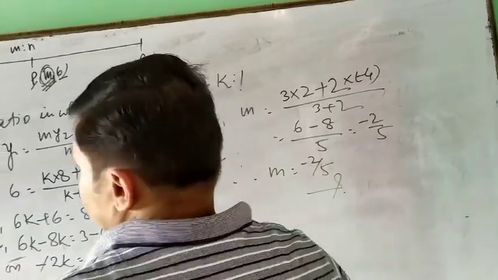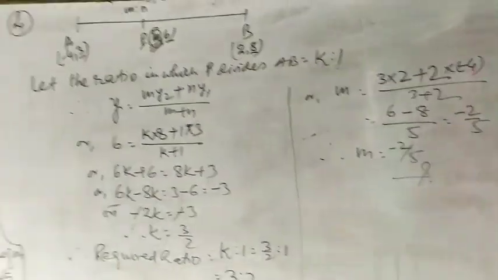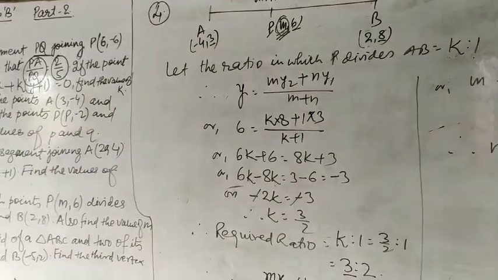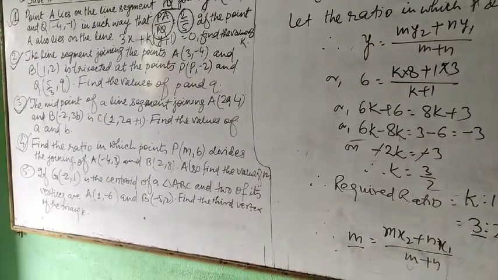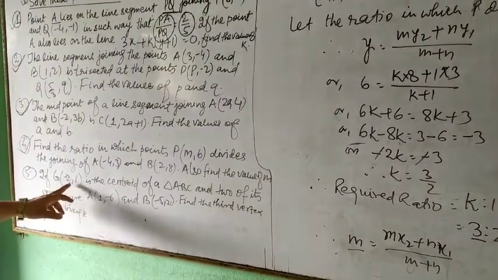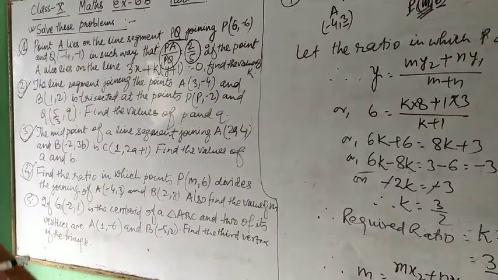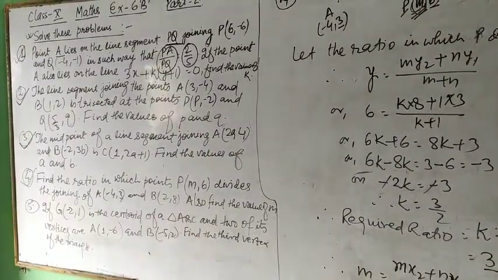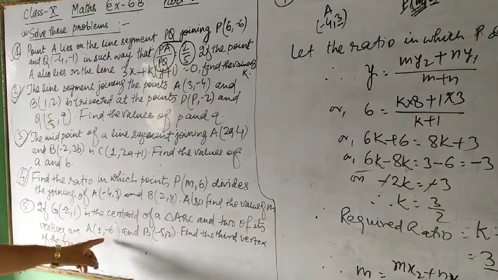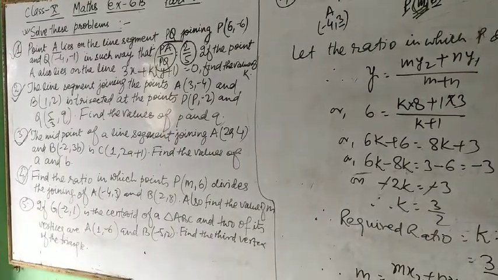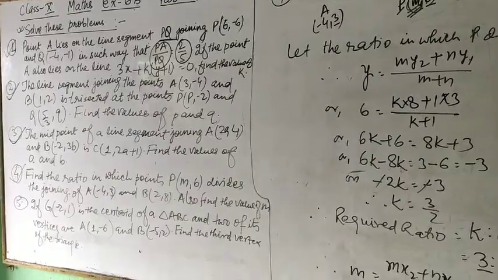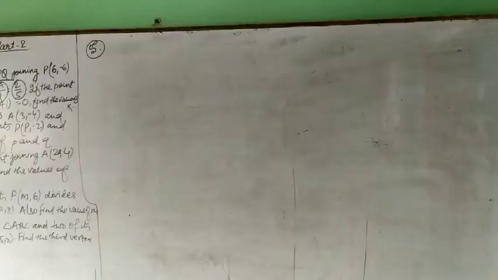In this way you can solve this type of questions. Now your last question is: if G equal to minus 2, 1 is the centroid of triangle ABC, two of its vertices are A, B, then find the third vertex of the triangle. Question number 5.